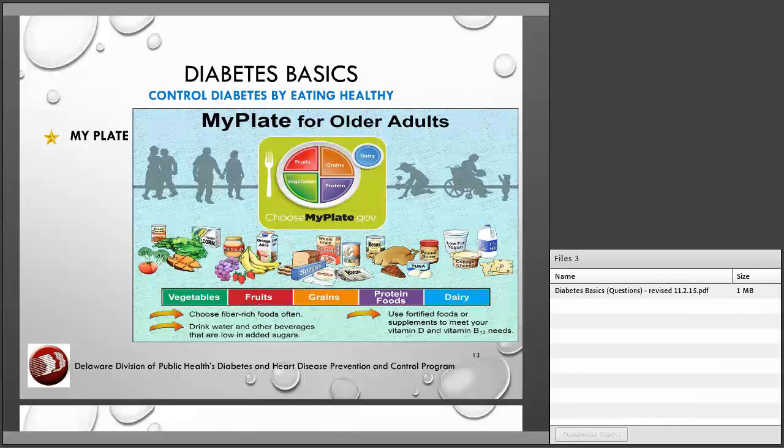A serving of dairy is part of the My Plate healthy eating plan, and that could be milk, or it could be a yogurt or a cottage cheese or a regular cheese. You want to look for the low-fat kind of dairy just because of the complications with diabetes and heart disease.